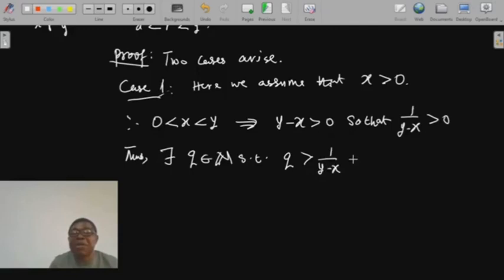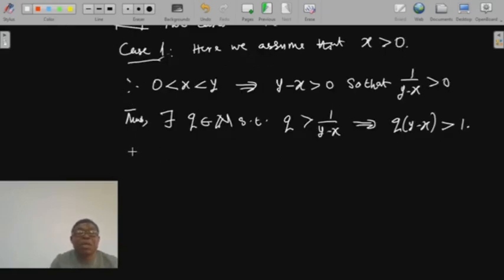And this, of course, implies that q times y minus x will be bigger than 1. This is what we just got by assuming that x is bigger than 0. That's the first observation.